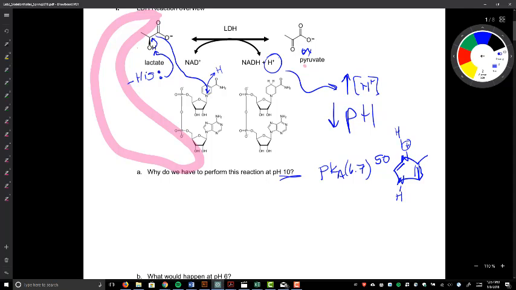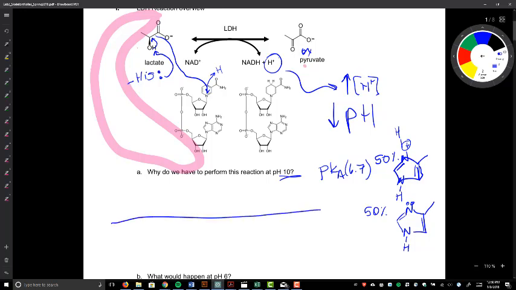So 50% of the histidines are going to be protonated, and then 50% of the histidines are going to be deprotonated. And the 50% will have those lone electron pairs that are available to pluck a proton off of lactate.